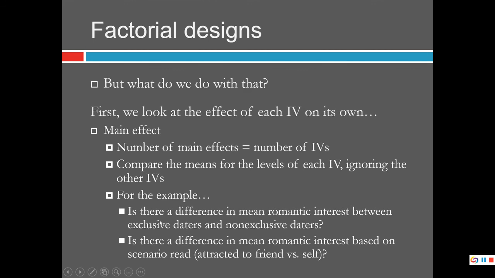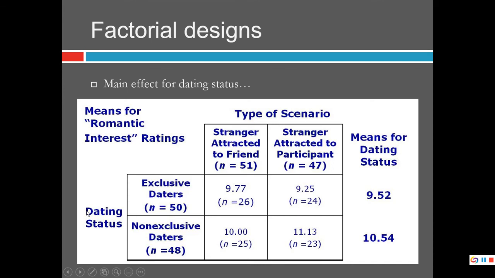So that's the main effect for dating status. The other question you might ask: is there a difference in romantic interest based on the scenario they read? Attracted to friend versus attracted to self, the participant. That is the main effect of the scenario across the different dating statuses.